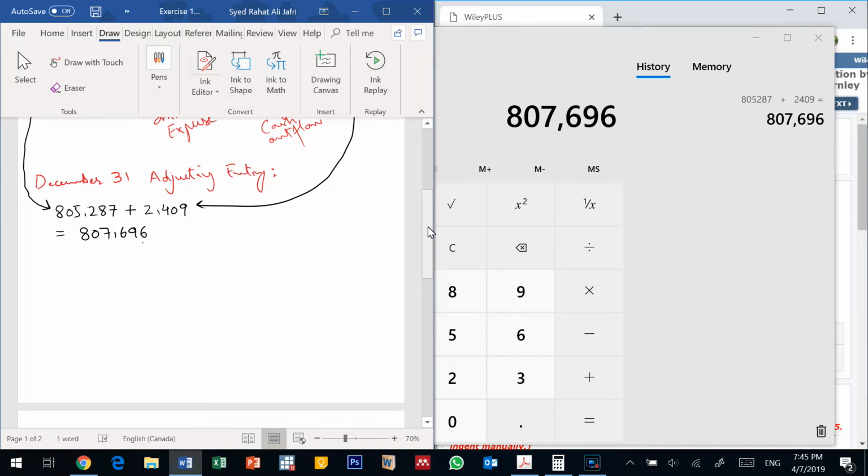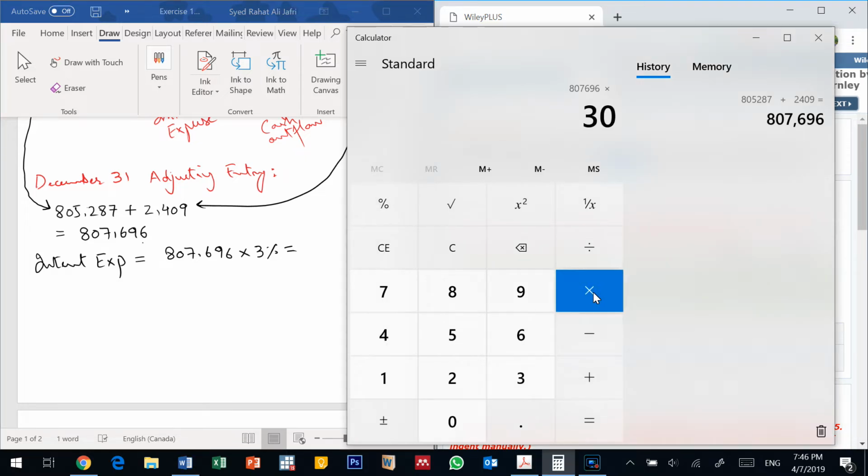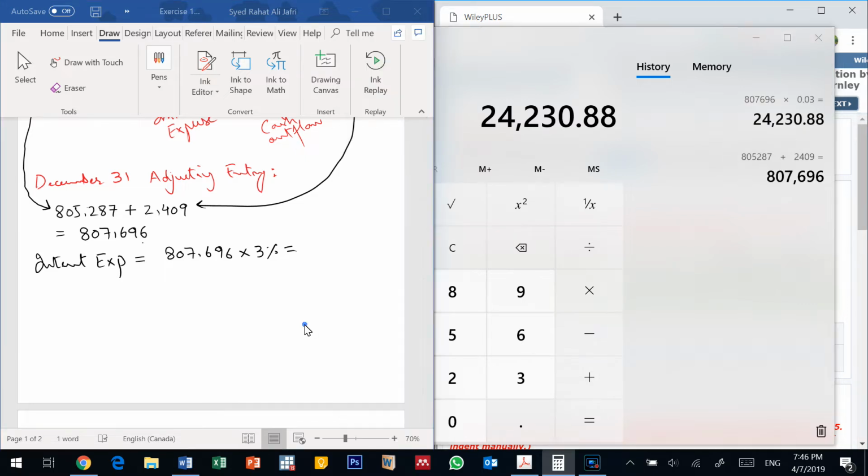And now I would use this number to compute interest expense. Interest expense is carrying value, which is 807,696 now, times 3%. And this number is $24,231.